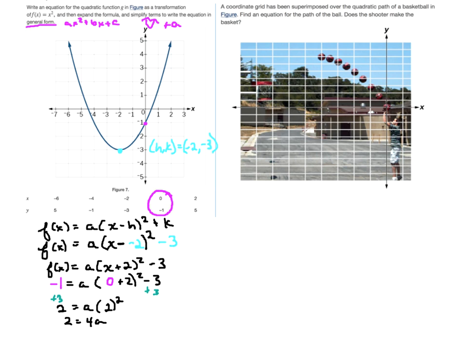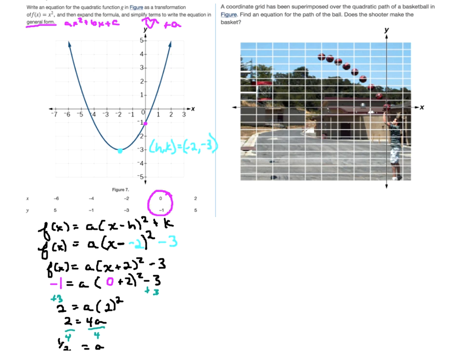So 2 is equal to 4a. Divide both sides by 4. And I get that my a, or my stretch factor, is 1/2. a equals 1/2. All right.